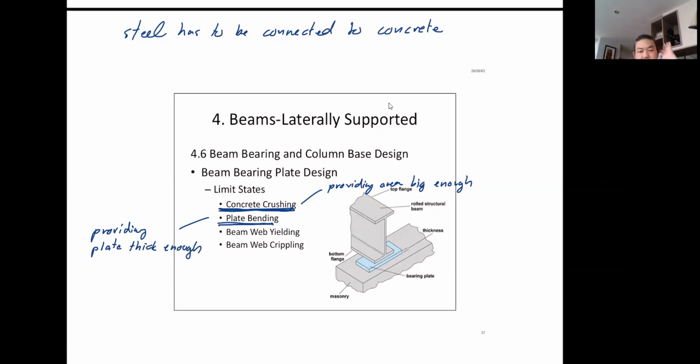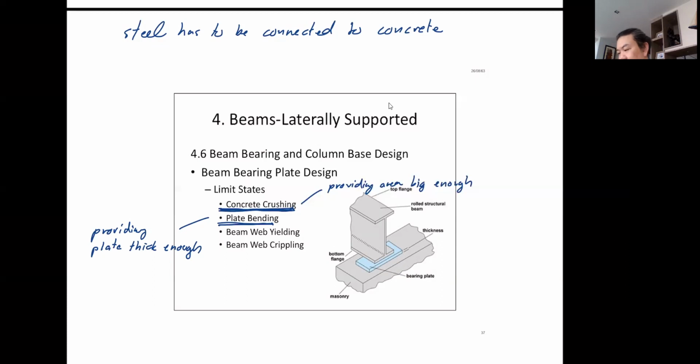Okay, so two issues really for the column base plate. The first one is that you must have a concrete area that is large enough so that the concrete will not crush under compression. The second is that you must have a plate that is thick enough so that the plate will not fail under the bending moment caused by the pressure coming from the concrete.